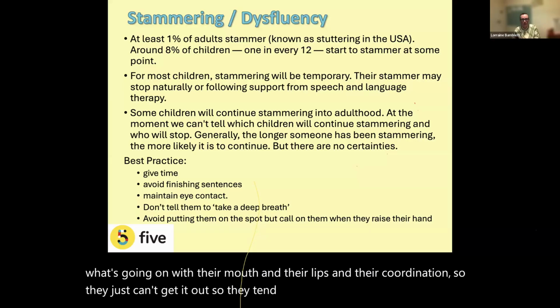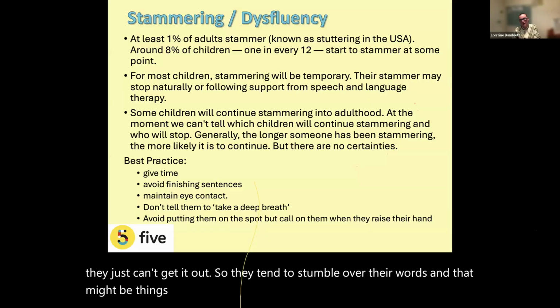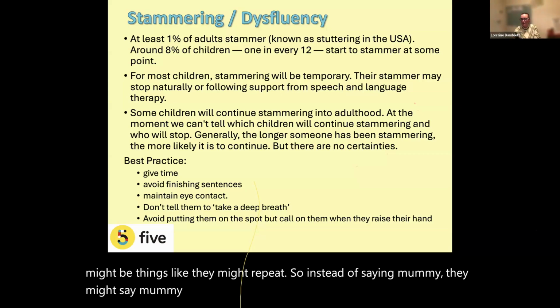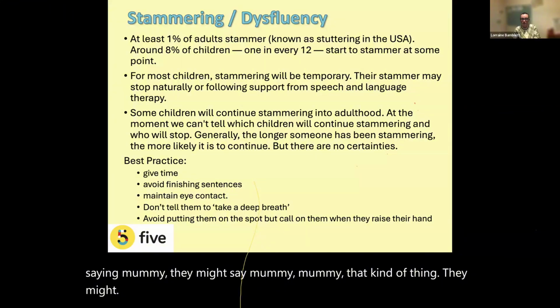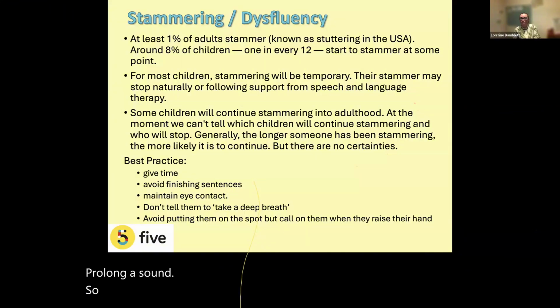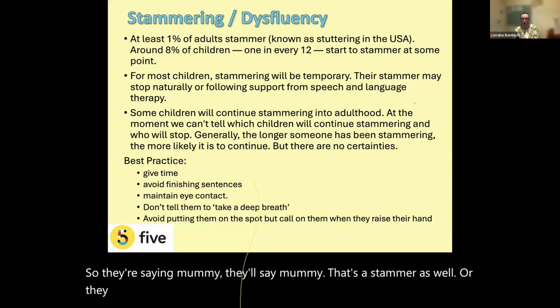So they tend to stumble over their words. And that might be things like they might repeat. So instead of saying mummy, they might say mummy, mummy, that kind of thing. They might prolong a sound. So instead of saying mummy, they'll say mmmummy. That's a stammer as well. Or they might get completely blocked. So on the word mummy, they would say ...mummy. So it would be like a sound that wouldn't come out.